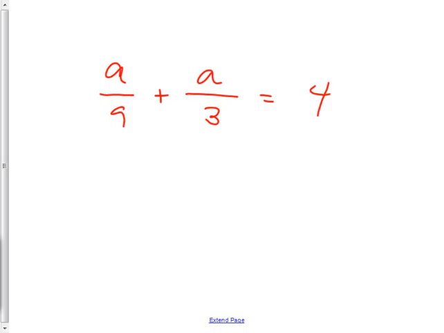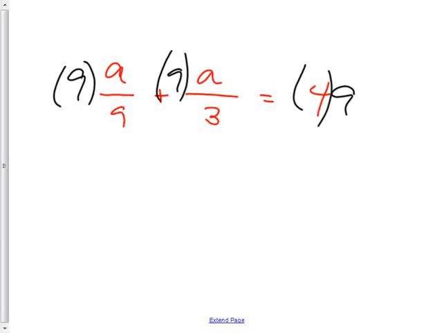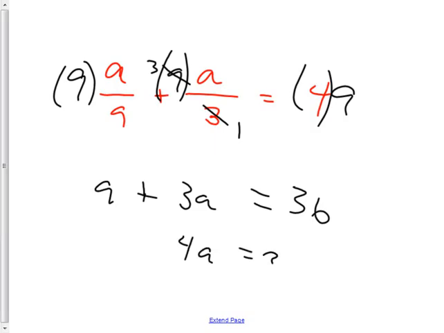Okay, if you multiply by 9, here, and here, and here, what's my new, oopsie, I put the parentheses around the wrong thing, but it'll still work. A plus what? 3 goes in here once, 3 goes in here 3. 3 times A equals 9 times 4. So 4A equals 36. This is going to be easy. Do you see what I'm saying? All right, that's an important thing. That's called clearing the fractions.